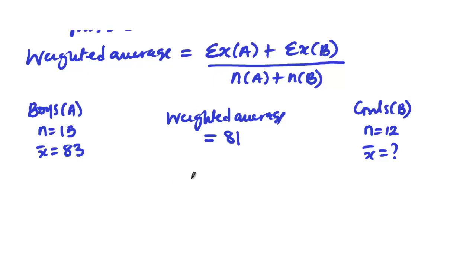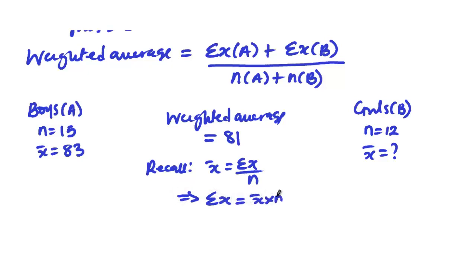Now you need to recall something: x bar is equal to summation x over n. That is the mean for ungrouped data. So this implies that summation x is equal to x bar times n.